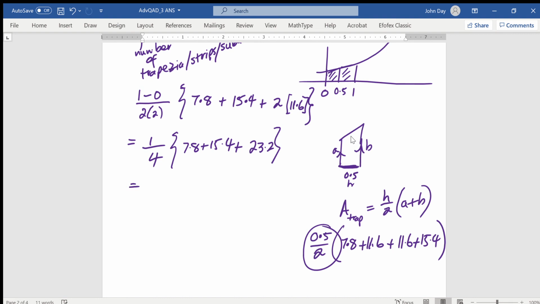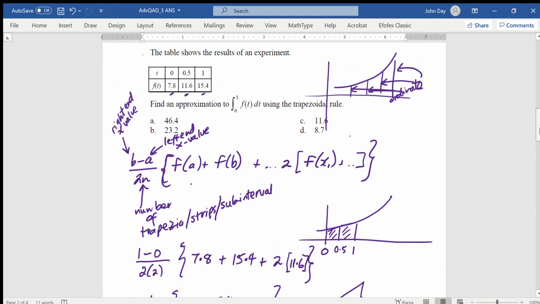So it is a quarter of 46.4, which is 58 on 5, or 11.6 itself. So let's have a look up here at where our answers are, and 11.6 is our answer for that integral there.